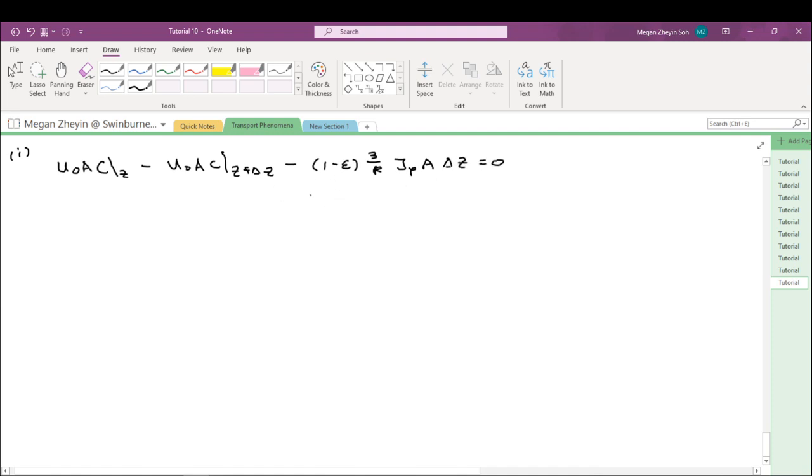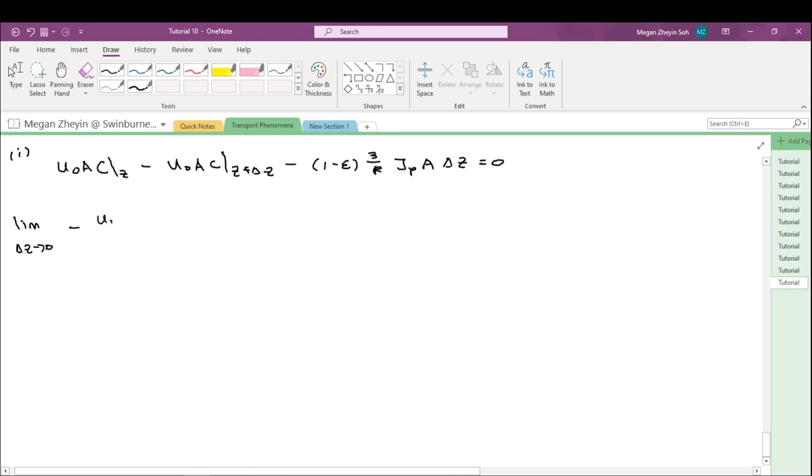So we divide everything by A and delta Z, and we take the limit again as delta Z approaches 0.